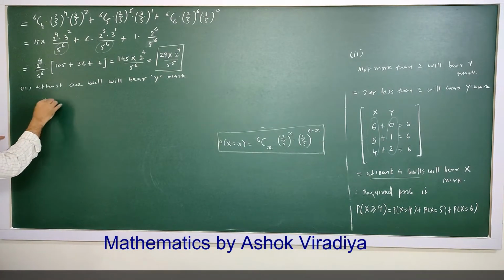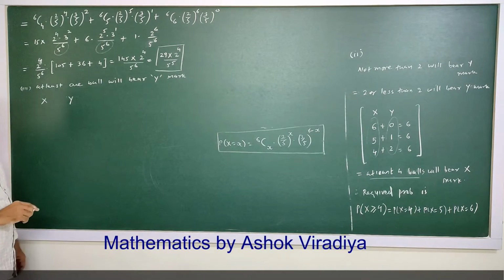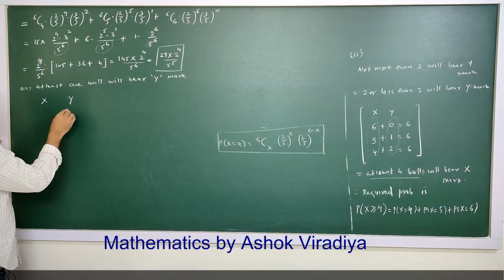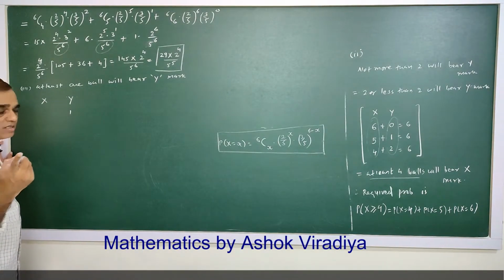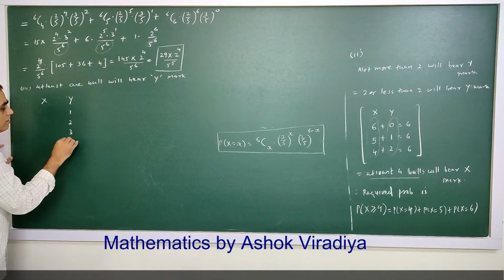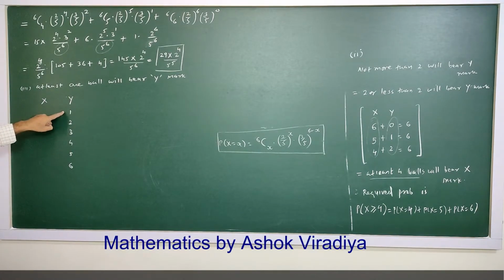That means again we understand this by taking numbers. At least one ball will bear Y mark. So at least one means one or more than one: one ball with Y mark, 2 balls, 3, 4, 5, 6 balls. So this means at least one ball will bear Y mark.